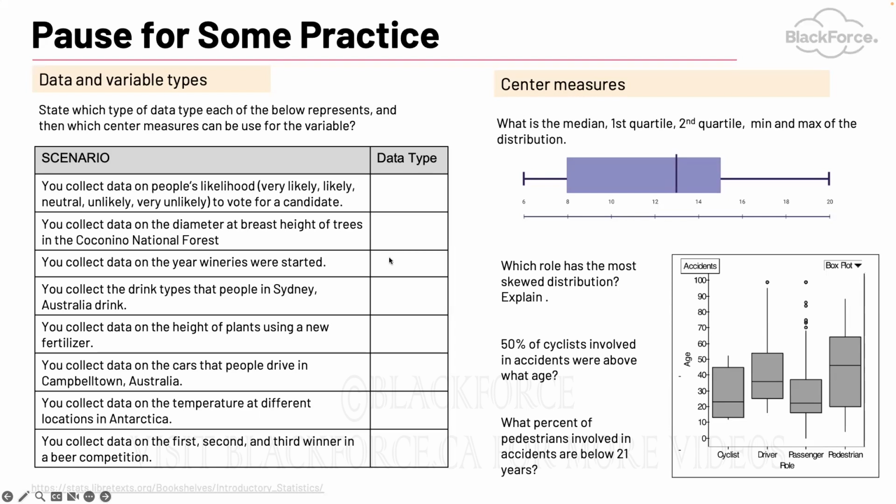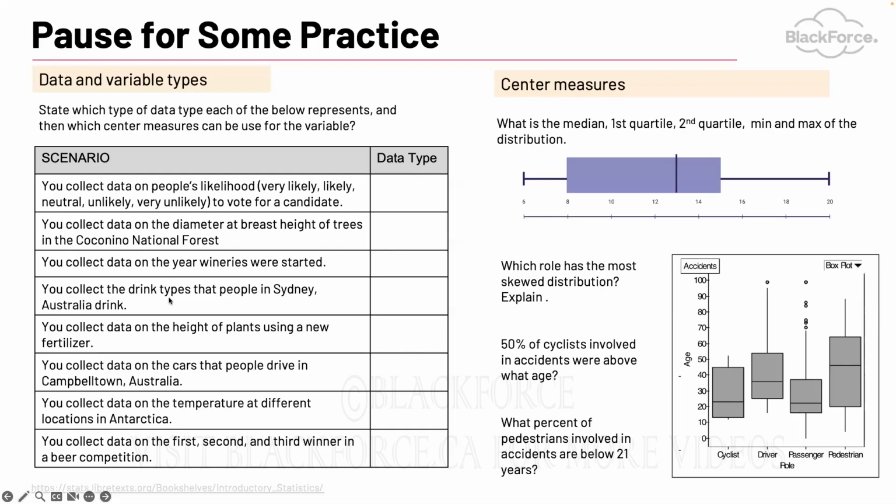If you're using date or time as periods, then it could be divided and viewed as quantitative or numerical. So it depends. But usually, if you're saying the year in which wineries were started, we could say it's ordinal. Date is one of those that jumps around a bit. If you're looking at the difference in time from the dates, then you could say it's quantitative, or it could be categorical, depending on how you're viewing it.